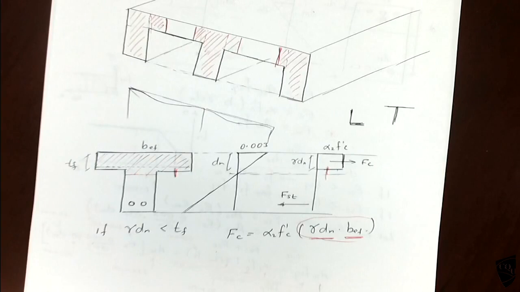We need to be careful when you put that area. It's not always gamma dn times b, because depending on the location, it will change. So we need to work according to that.